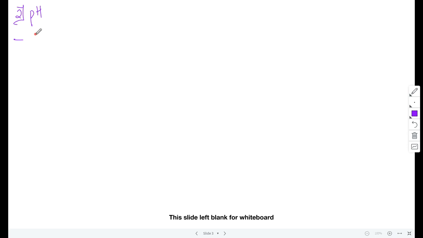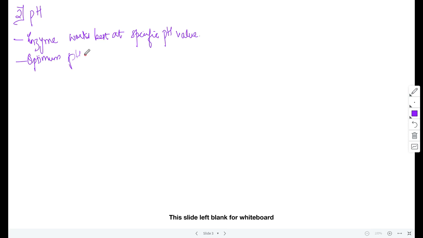Okay, that means each enzyme works best at a specific pH value. Each enzyme has its own specific value, and the optimum pH value for any enzyme to work is 7.5.